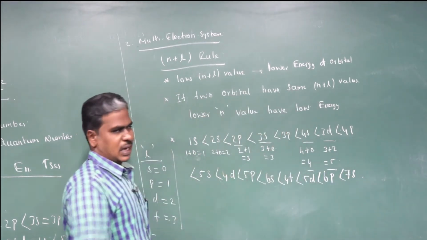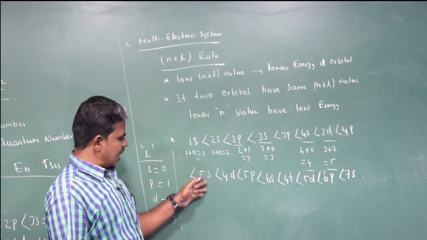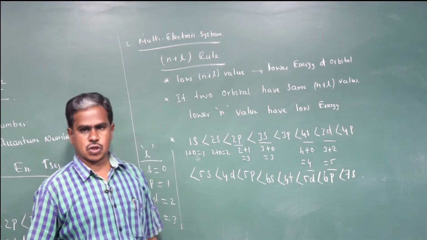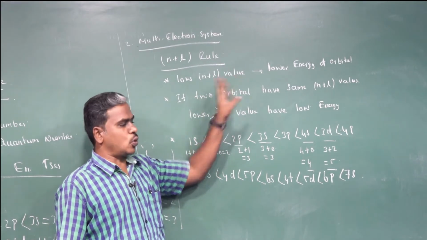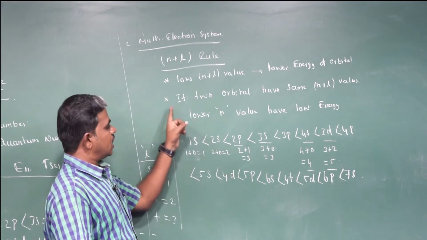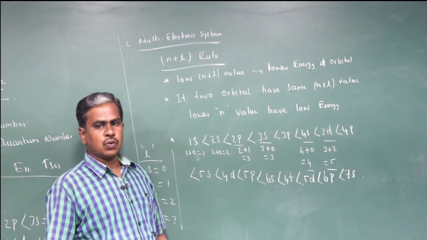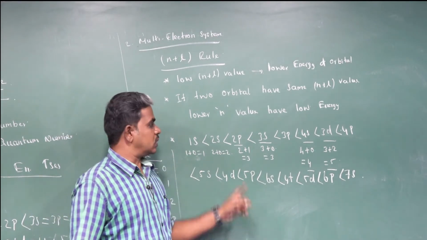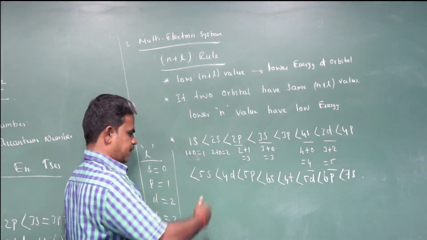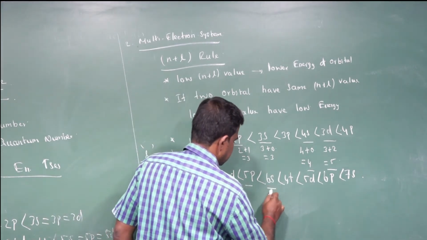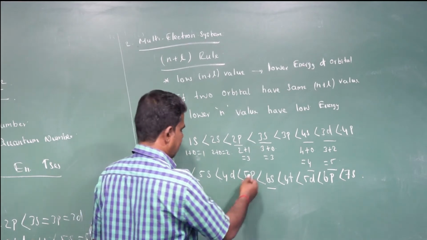So, in any case we may compare. Whenever we compare, we follow these two rules: the lowest n plus l value has the lowest energy, and if two orbitals have the same n plus l value, then we consider the lowest n value as lowest energy. Suppose we consider 5p and 6s. What is the n plus l value?